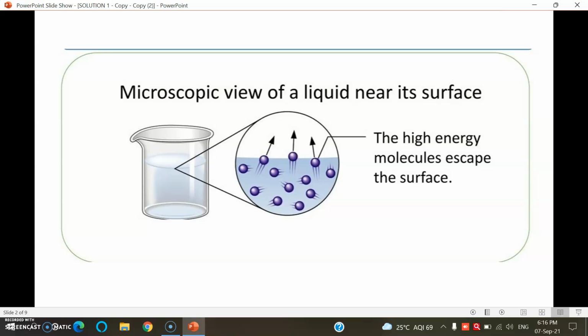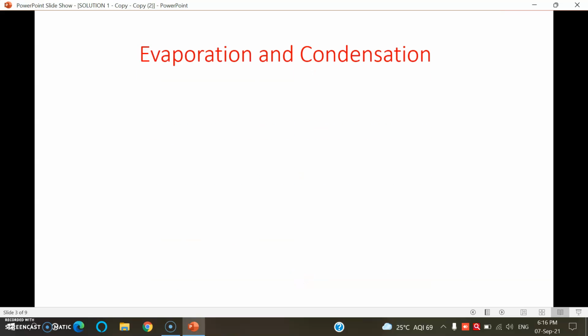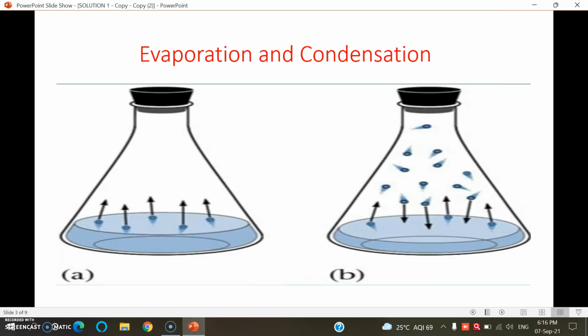That gaseous molecule which comes from the liquid surface exerts a vapor pressure, a pressure on the surface of the liquid. Let's see evaporation and condensation. In that container a liquid is taken.